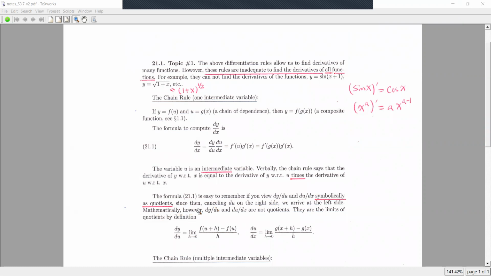Mathematically, however, dy/du and du/dx are not quotients. In fact, they are the limits of quotients by definition. dy/du is the limit of this quotient, and du/dx is the limit of this quotient.